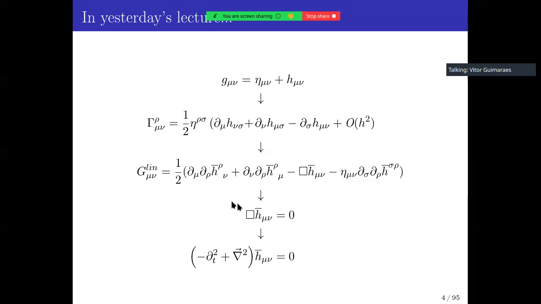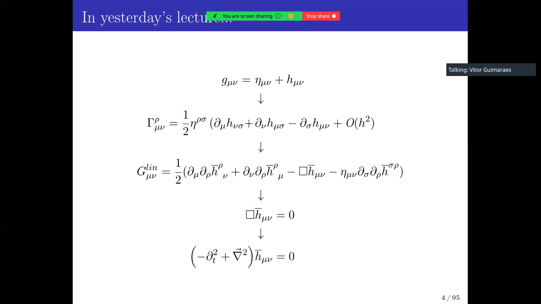Because this subject was not at first studied to obtain gravitational waves. Historically, if I'm not mistaken, this starts with the question of how stable our spacetimes are: Minkowski spacetime, Schwarzschild spacetime, and so on.